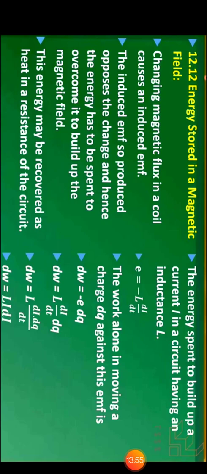Now next, energy stored in magnetic field. Changing the magnetic flux in a coil causes an induced electromotive force. The induced electromotive force so produced opposes the change, and hence energy has to be spent to overcome it to build up the magnetic field.